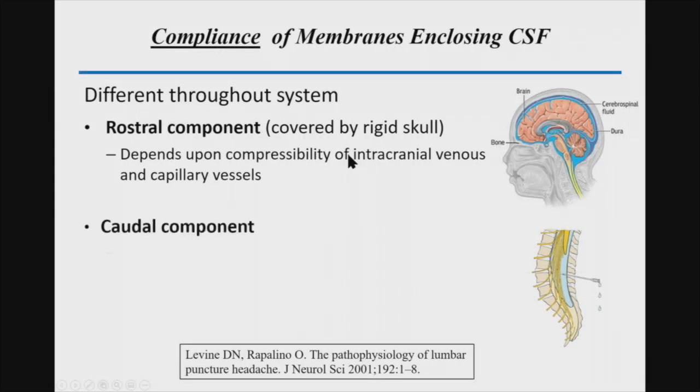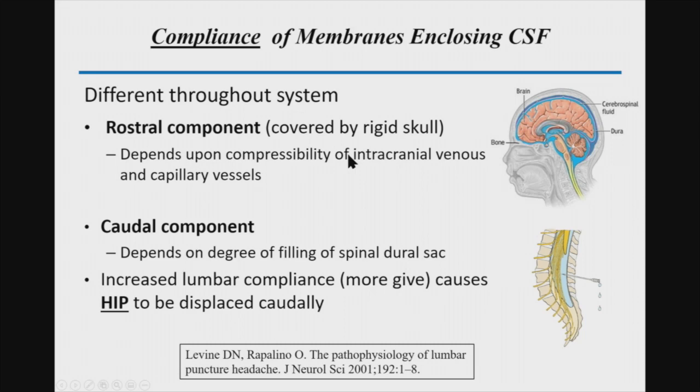The compliance of the membrane enclosing the spinal fluid is different. At the top, you have a rigid skull, so it depends on the compressibility of the veins and vessels. The caudal or back component depends on the degree of filling of the spinal dural sac. If you increase the lumbar compliance, more give, it causes the hydrostatic indifferent point to be displaced caudally.